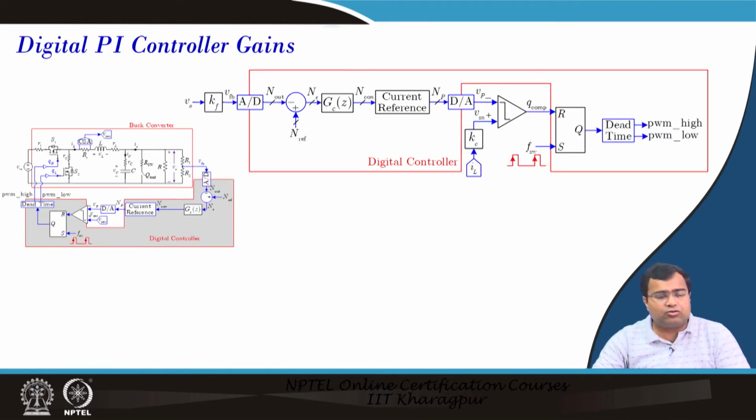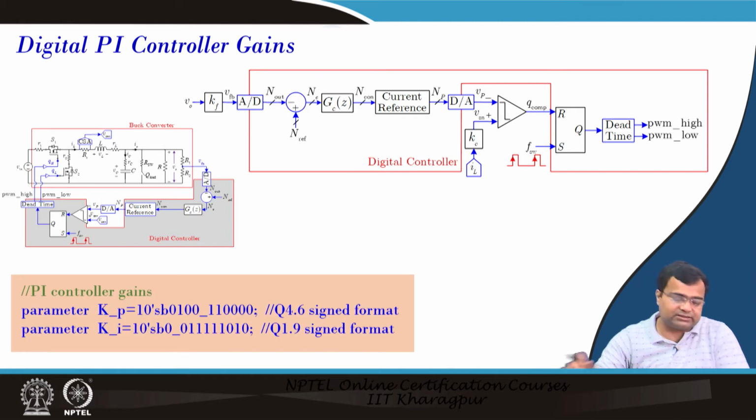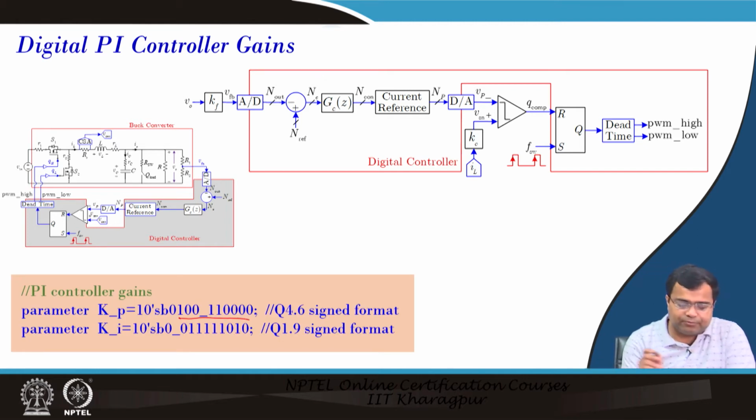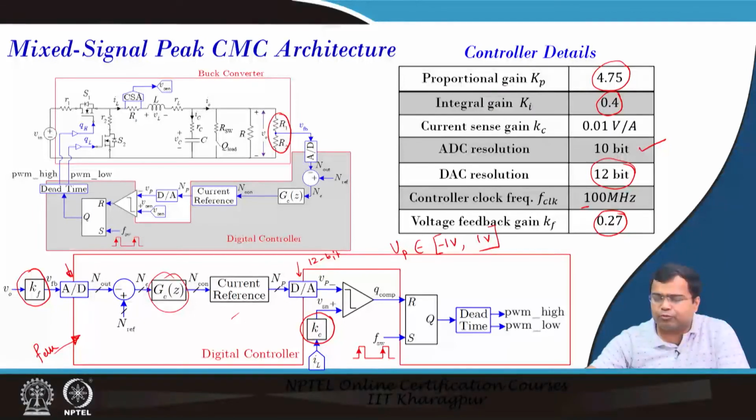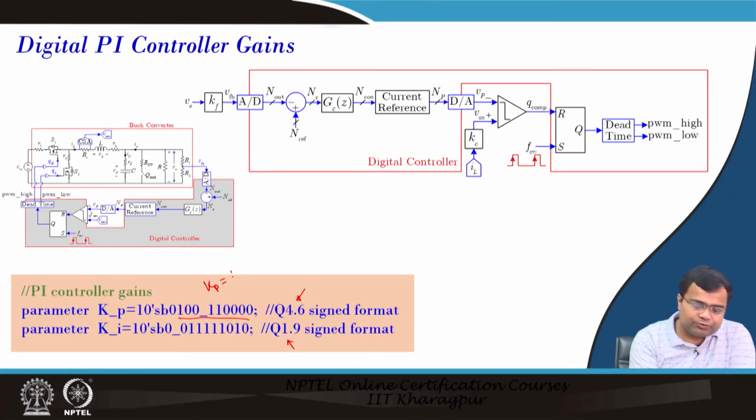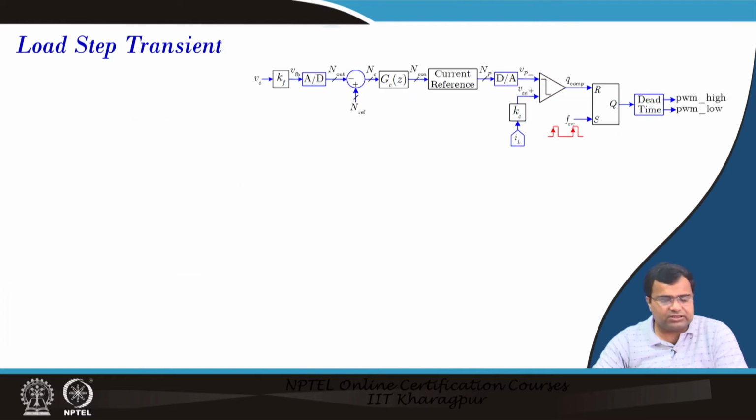For the digital PI controller gains in the actual code, we have used the Q 4.6 format and Q 1.9 format, for the proportional gain of 4.75 and the integral gain of 0.4. So, these are the gains.